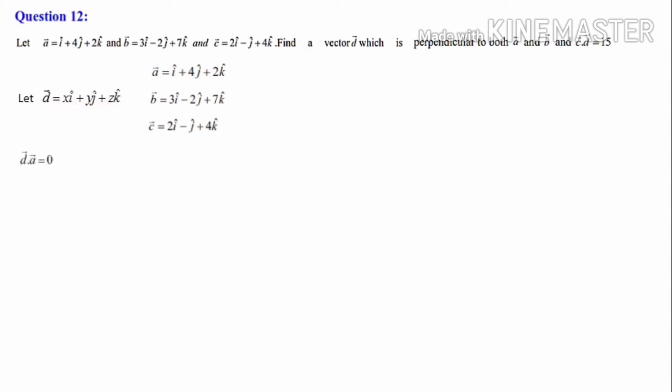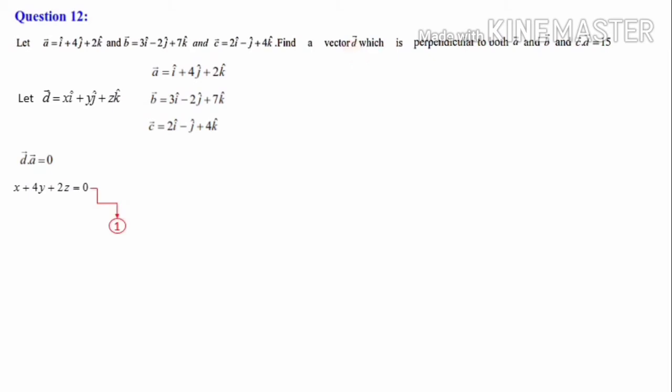By using the given conditions, D is perpendicular to A, which means their dot product is 0. D dot A is equal to 0. So D is xi plus yj plus zk and A is i plus 4j plus 2k. Dot product means multiplying the components, that is 1 into x, that is 1x, 4 into y, that is 4y, 2 into z, that is 2z is equal to 0. Let's take it as equation number 1.